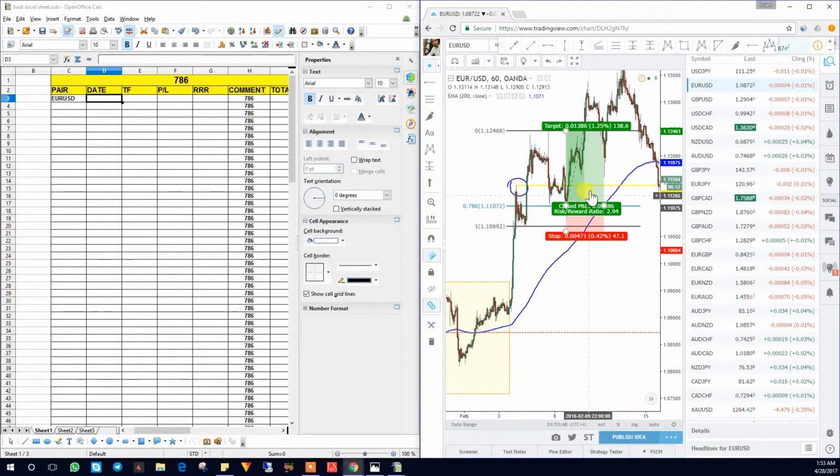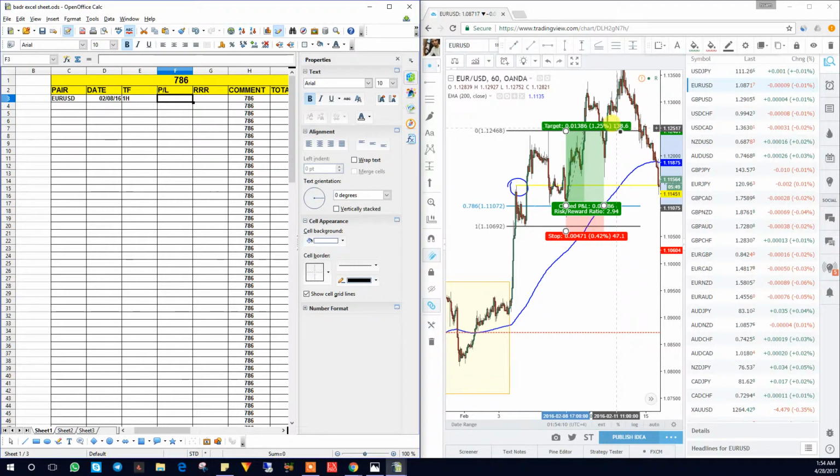If you click on this, it's going to give you the date in blue. So 2/8/2016. I click on 2016, 2 and then 8. Time frame 1 hour, as we said before. The profit and loss in this case is 138.6.